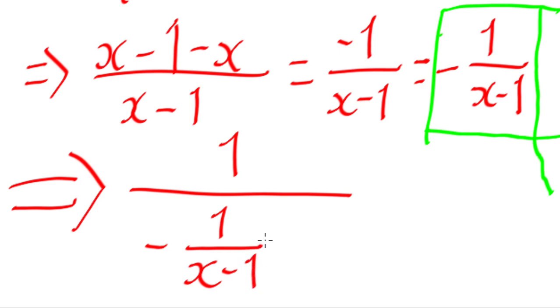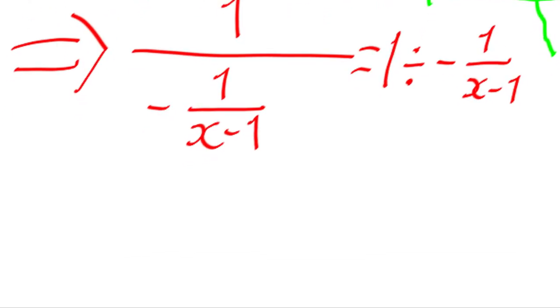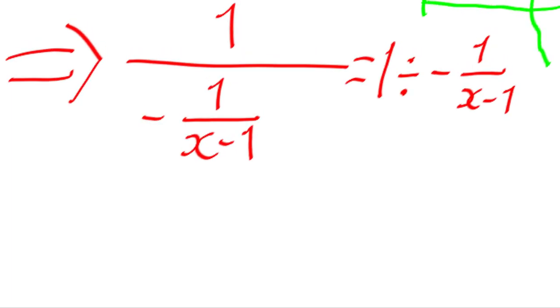Okay, and let's proceed now to division, because we can rewrite this as 1 divided by negative 1 all over x minus 1. And then by the rules of division of fractions, let's get the reciprocal of the divisor, which is here, and then proceed to multiplication.